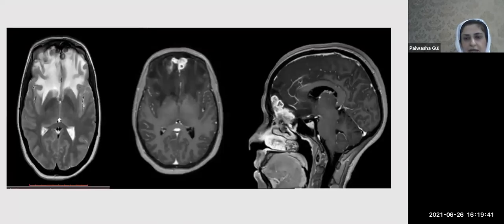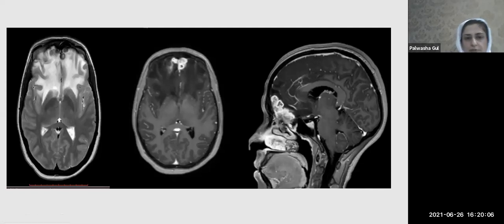Case number 9 was a female who again came from Afghanistan, and she came with a history of headache, and this was in the pre-COVID times, okay? We did her MRI brain. Initially, this was reported as glioblastoma.